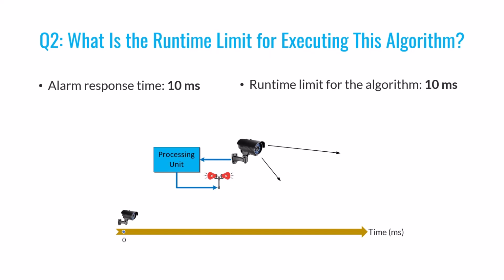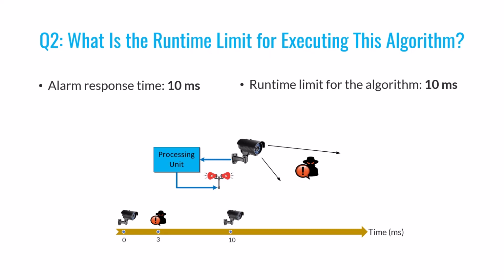So we expect that when the algorithm finishes in 10 milliseconds, no alarm will sound. Now, suppose a moving object suddenly appears in the camera's view after 3 milliseconds. The processing unit is still busy working on the previous images, so it doesn't detect the new object. As a result, even after 10 milliseconds, the alarm won't go off.